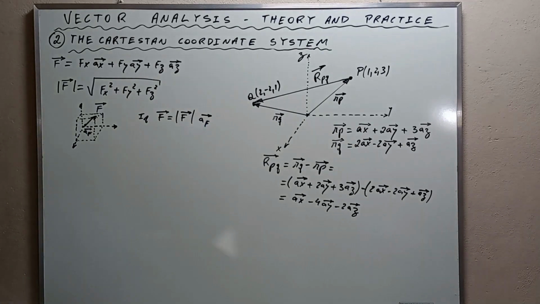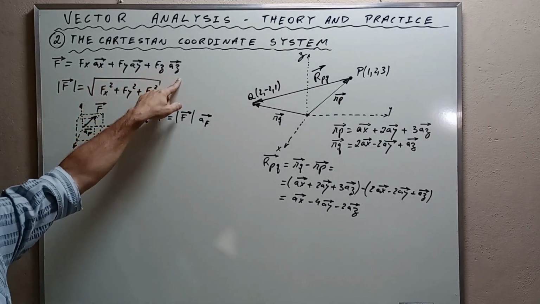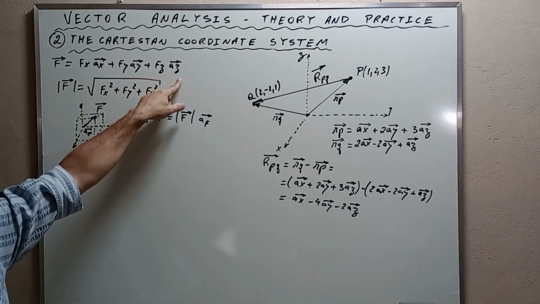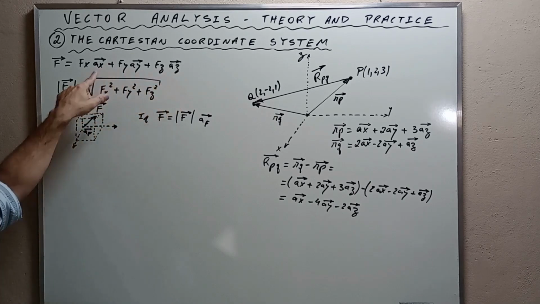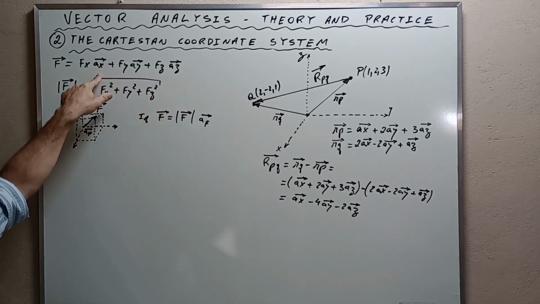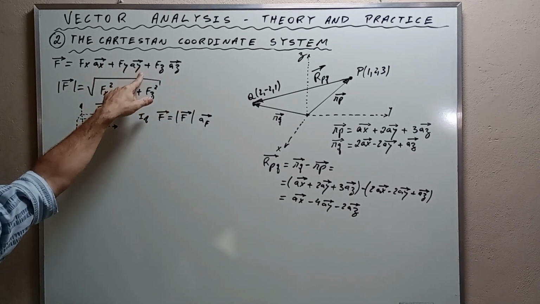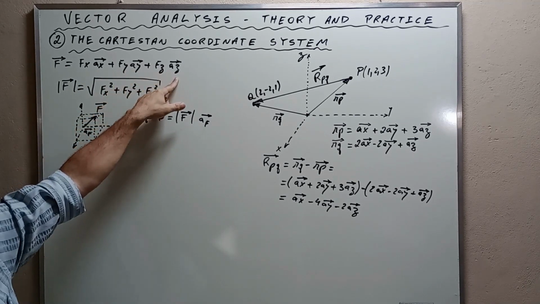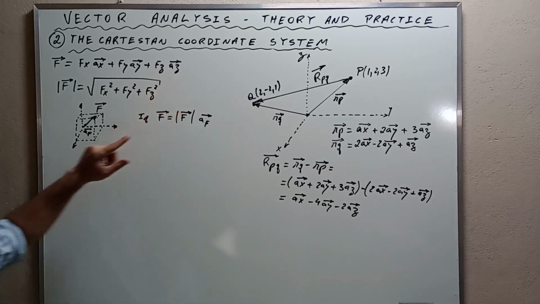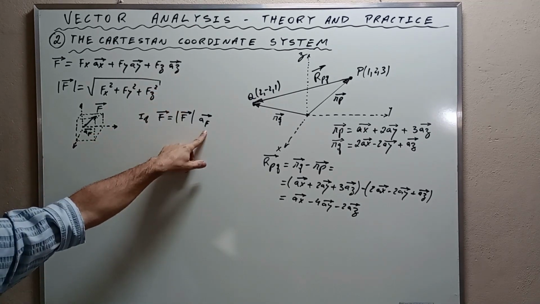You see that AX, AY, and AZ are unit vectors, but AX is in the direction of X, AY is in the direction of Y, and AZ in the direction of Z. AF is different.